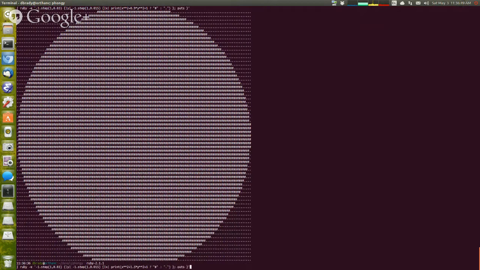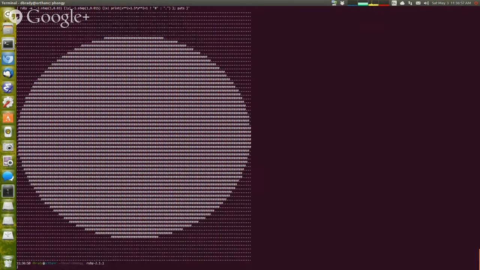Let me go the other direction. I'll do 1.5 times y. Now we get an ellipse that's kind of flattened out, and in theory I could rotate that ellipse, but that gets a lot harder because now the foci of the ellipse aren't axis aligned, and I'm not going to play with that.